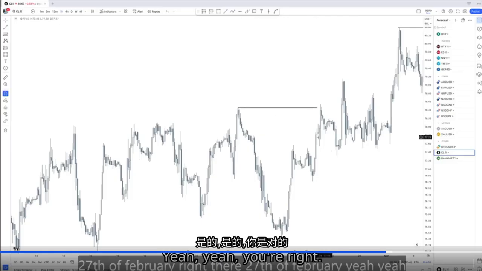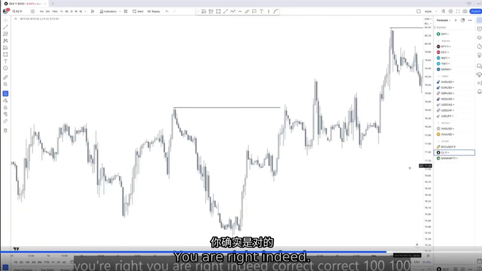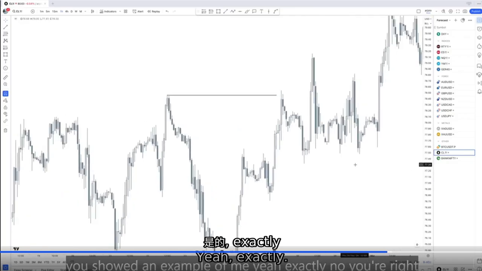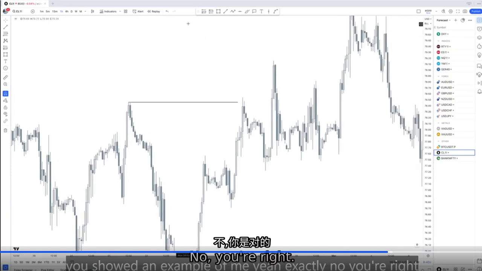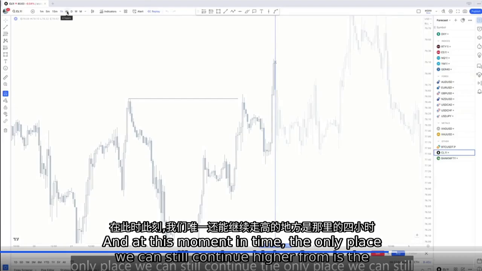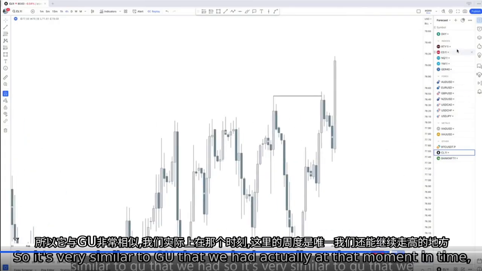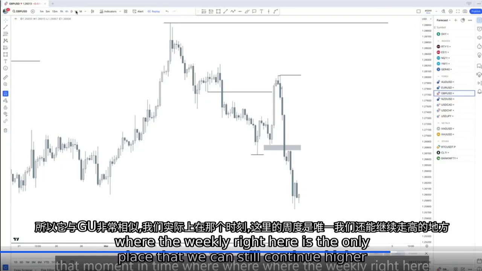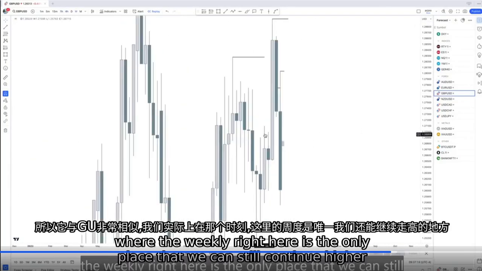Yeah, you're right. You are right, indeed. Correct. 100%. So an example, maybe. Yeah, exactly. No, you're right. And at this moment in time, the only place we can still continue higher from is the 4 hour right there. So it's very similar to GU that we had at that moment in time, where the weekly right here is the only place that we can still continue higher from.